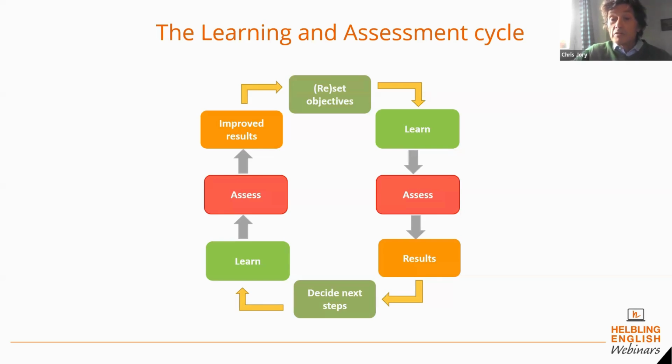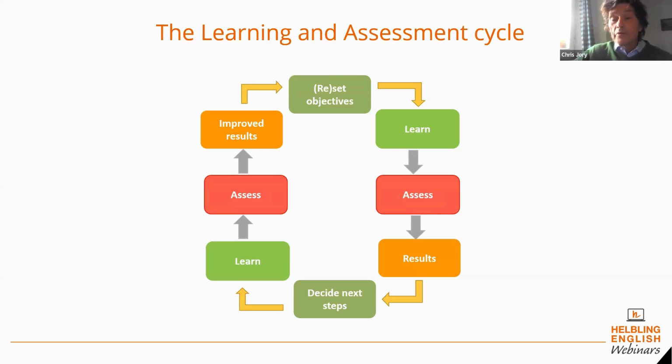Then considering the evidence of the results of all those varying types of assessment, the kinds of things we were looking at earlier in terms of the different types of tests and assessment that you use. And then crucially, not just leaving that to one side, but actually using it as a resource for you as a teacher to make decisions, and also for learners to be better informed about what they can do to help themselves in that bottom box there, to decide next steps. And that may mean revising your objectives, their objectives, and then going through the cycle again.